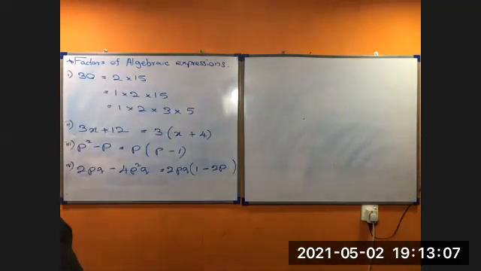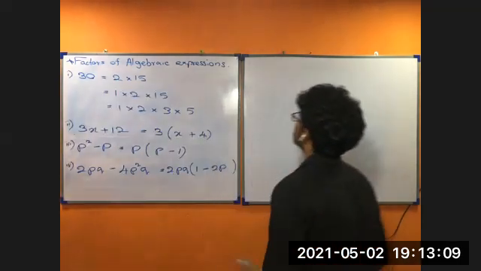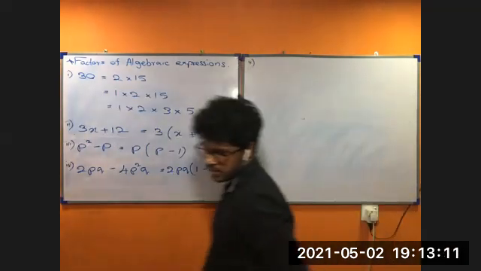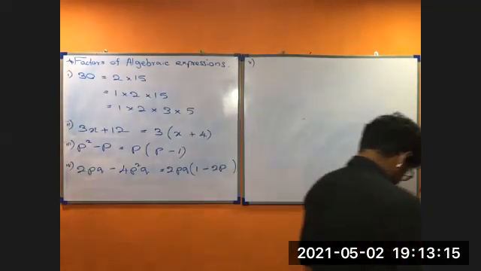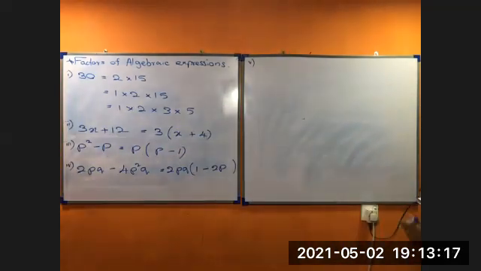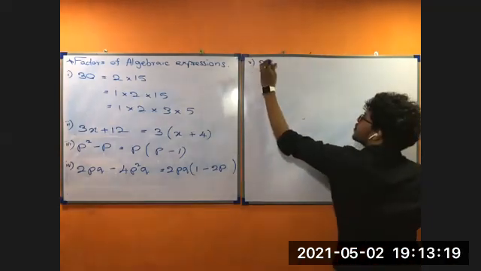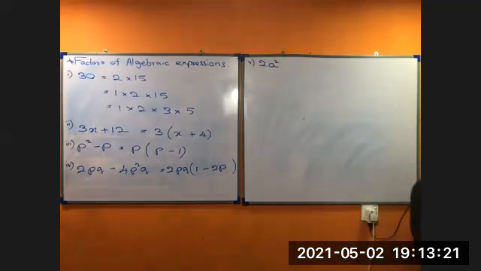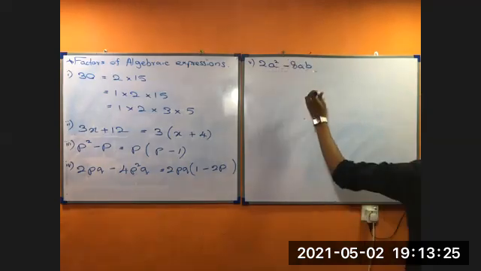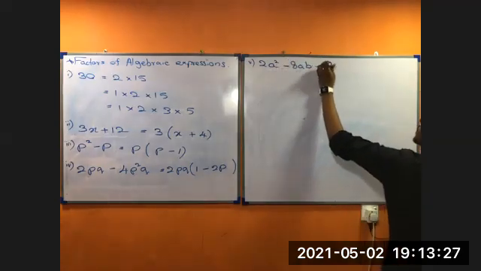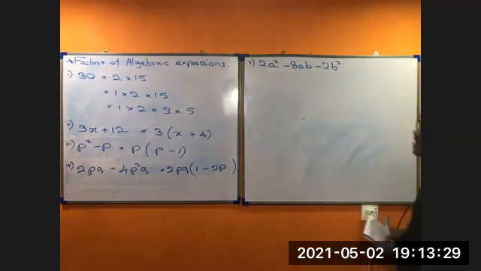And then number 5. Let's do a different one. So we have 2A squared minus 8AB minus 2B squared minus 8AB.